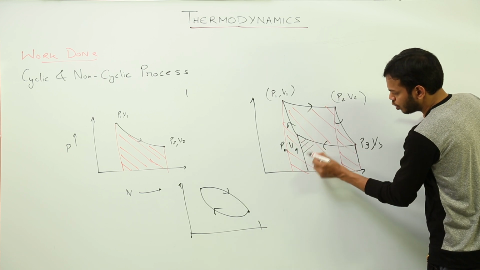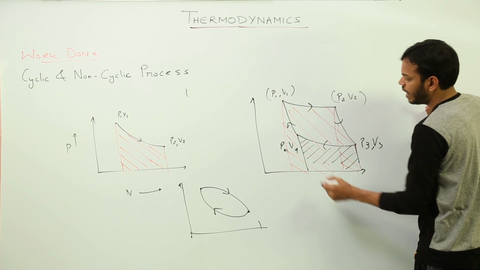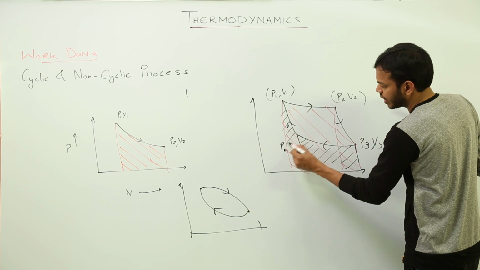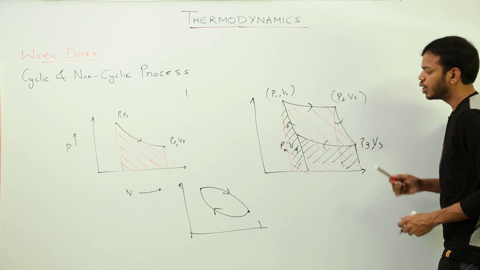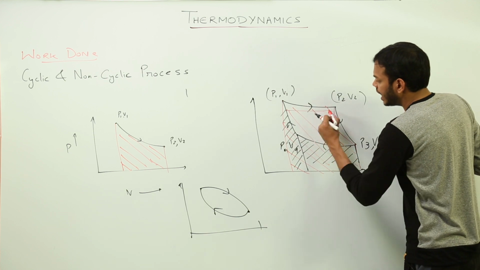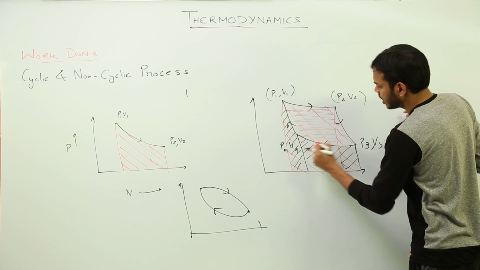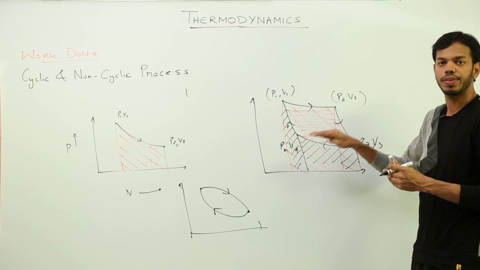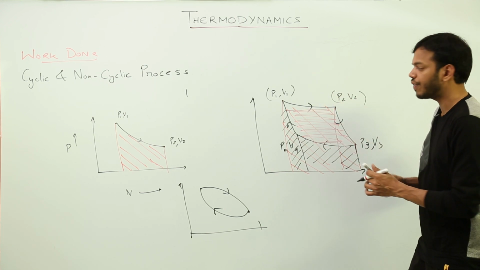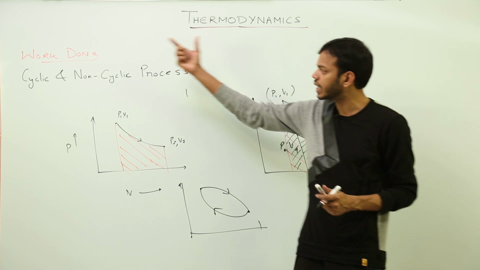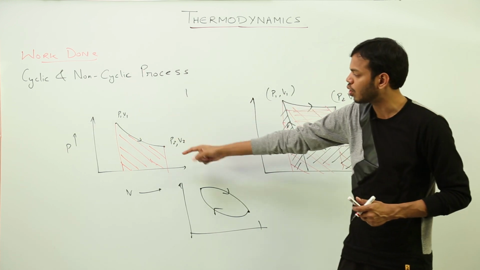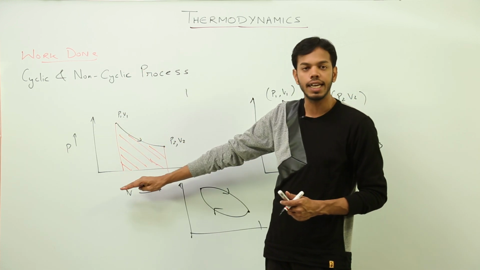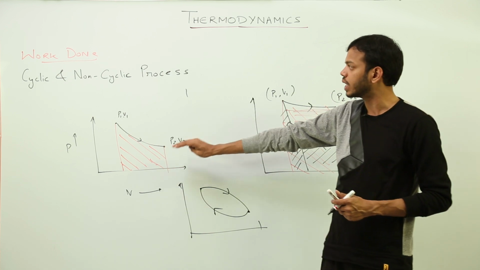That means this portion is going to get subtracted and this portion also, the compression case, is going to get subtracted. So what are we left with? We are left with the area enclosed by the curve. So the complete area which is enveloped by the curve of a cyclic process will give us the work done in case of a cyclic process, whereas in a non-cyclic process only the area beneath the curve is going to give us the work done. Alright.